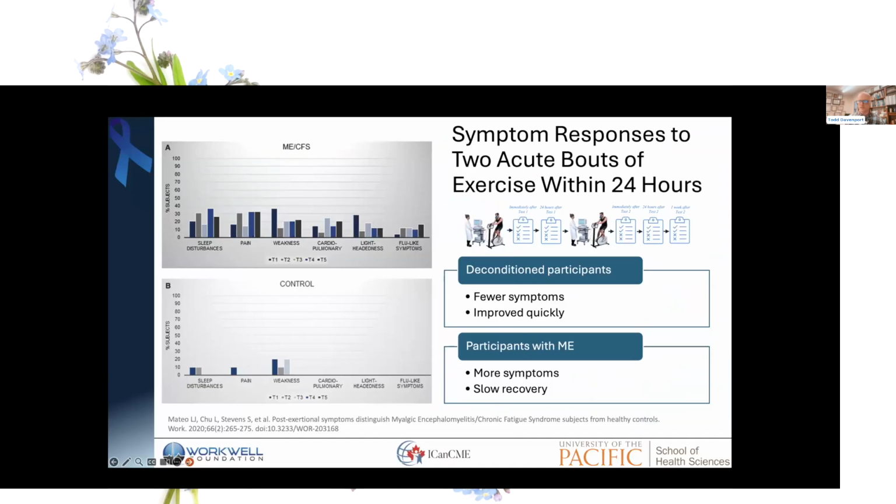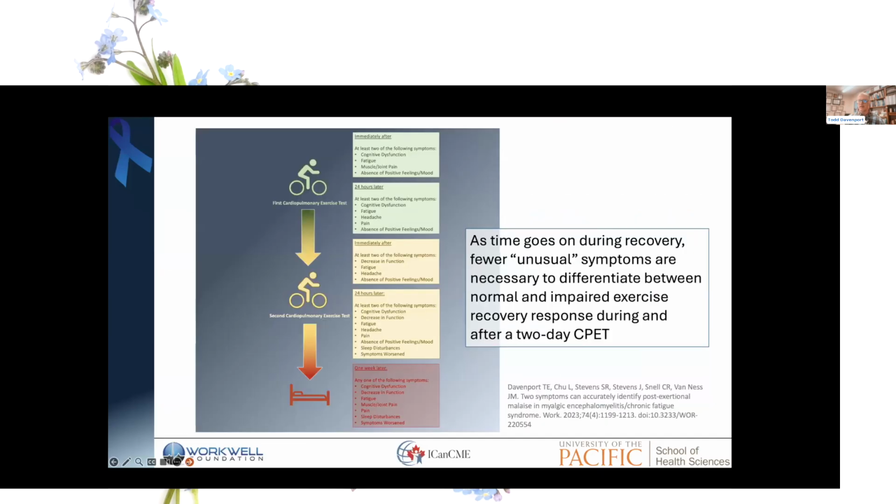Our deconditioned participants had fewer symptoms. They responded more quickly in terms of improvement. Participants with ME had more symptoms and a slower recovery. And in fact, we can even use this as a diagnostic tool. As time goes on during recovery following an exertion, in this case the example exertion being exercise, you need fewer and fewer so-called unusual symptoms to differentiate between a normal and impaired recovery response after, in this case, a 2-day CPET.